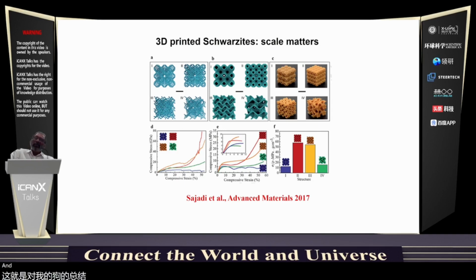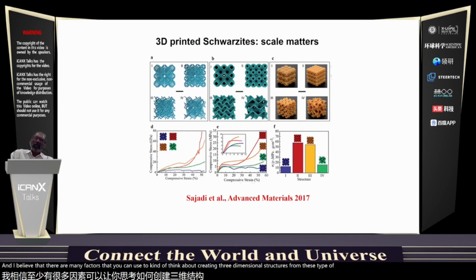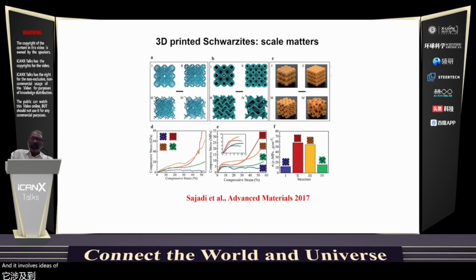And I believe that there are many factors that you can use to think about creating three-dimensional structures from these types of building blocks. It involves ideas of self-assembly, directed assembly, using interfacial chemistry to connect things, and of course, other materials processing techniques that would allow you to play with the lattice and the geometries of structures that you want to create.